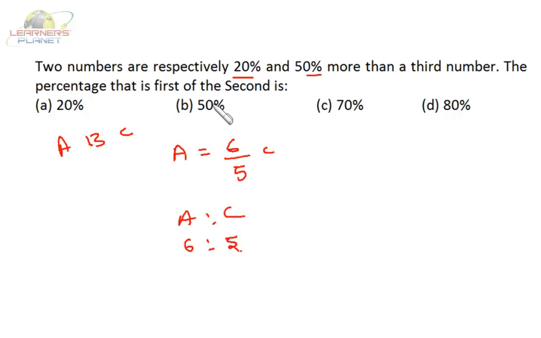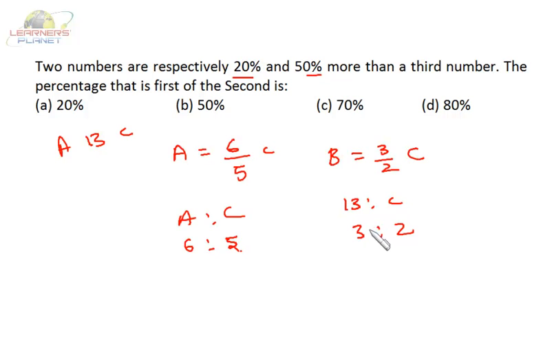Now the second number, that is B, is 50% more than the third number. That means B is 150% of C, or we can say 3 by 2 of C. That means B is to C is 3 is to 2.